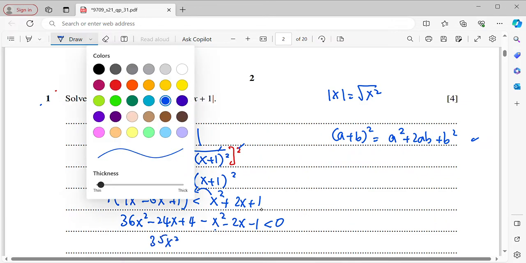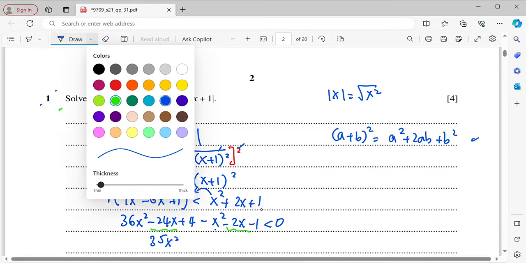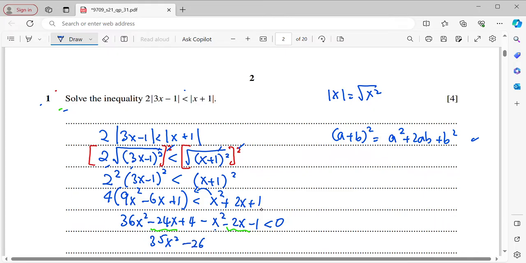And then negative 24x and negative 2x will be negative 26x. And then for the constant, it will be plus 4 minus 1, that ends up with plus 3.